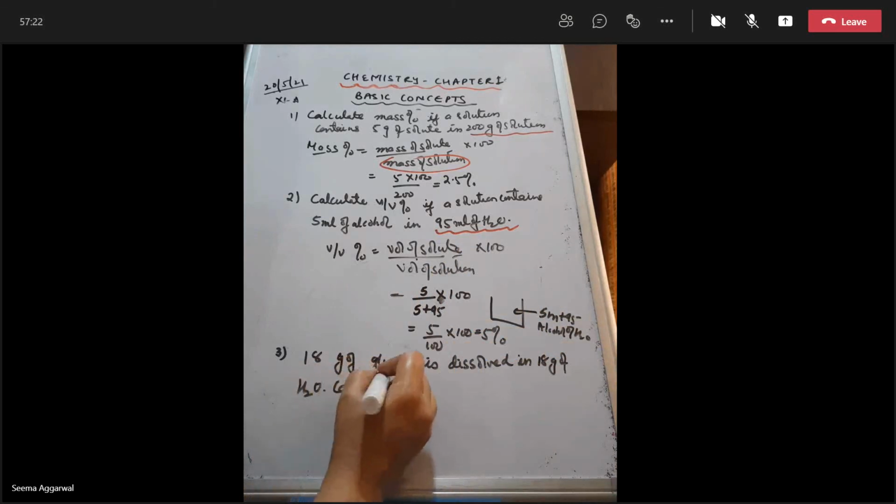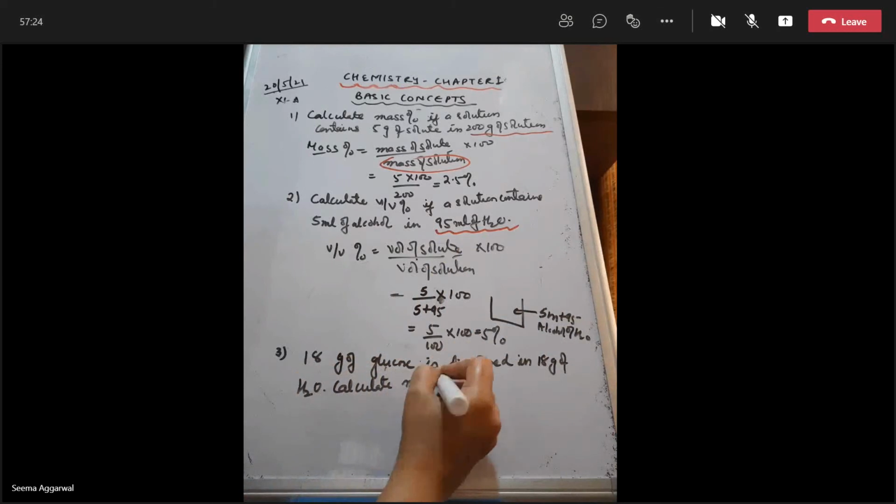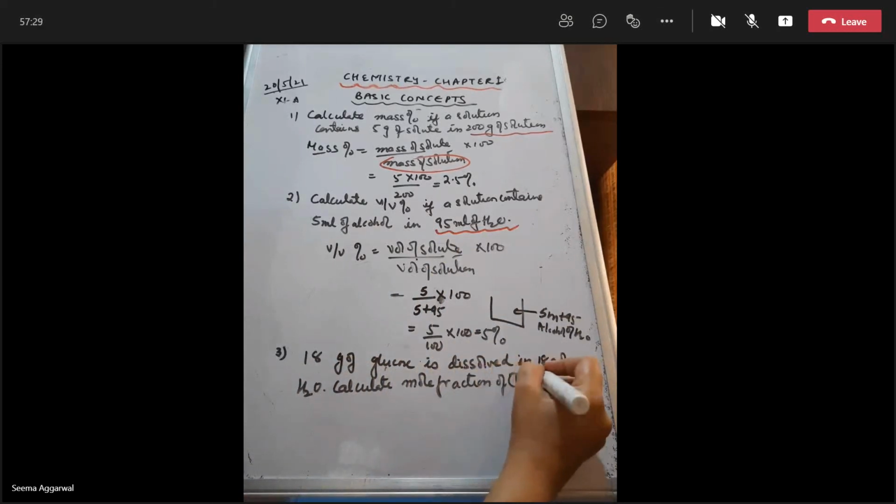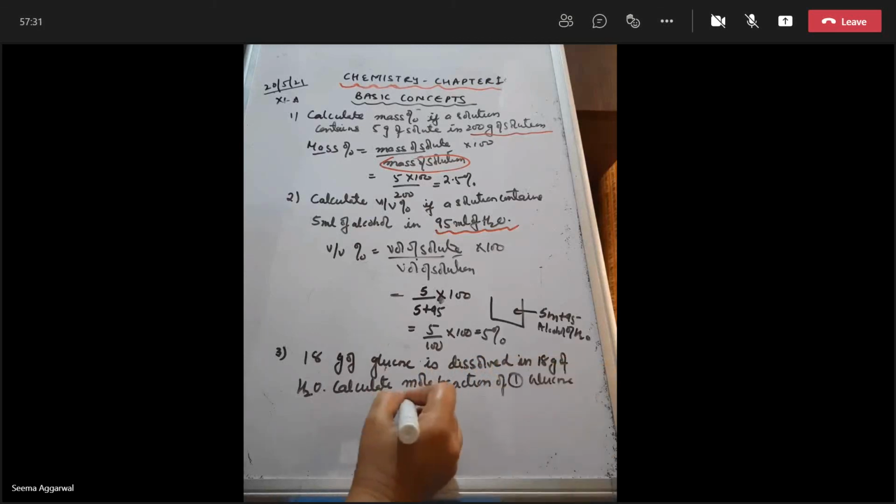Calculate mole fraction of first part glucose, second is water.